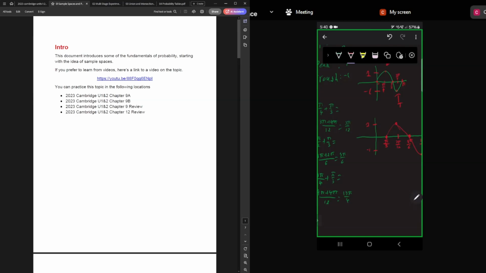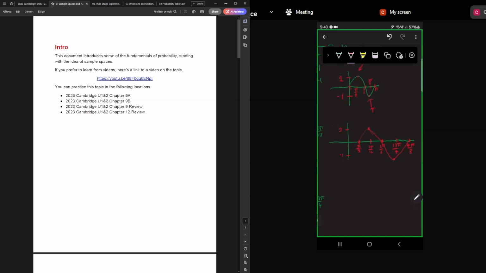Rather than adding pi over 3 to all of these to continue on, you're adding pi over 4 to all of them. That's my bad. I already had all these as pi over 4 separated, so that's why it didn't matter here. You were just shifting everything right by pi over 3. But if you want to continue this pattern, you are adding pi over 4s from there.